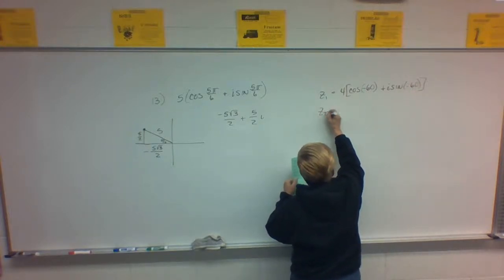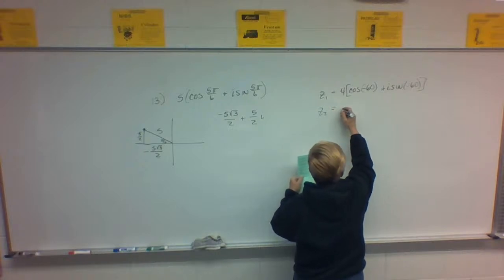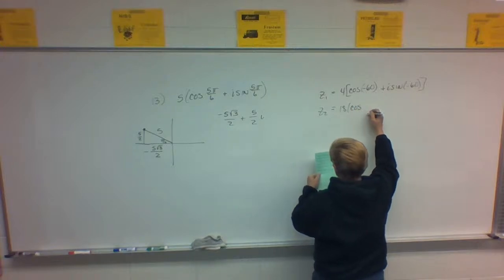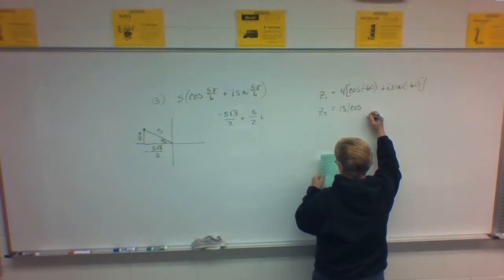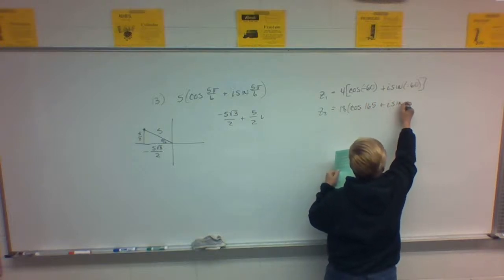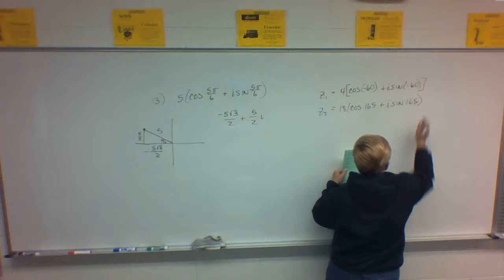And then Z2 is something like 18, cosine of 165 plus i sine of 165.